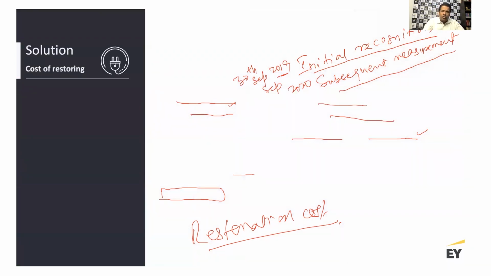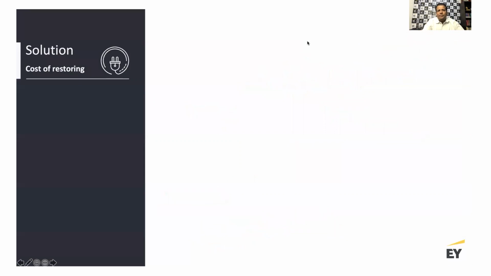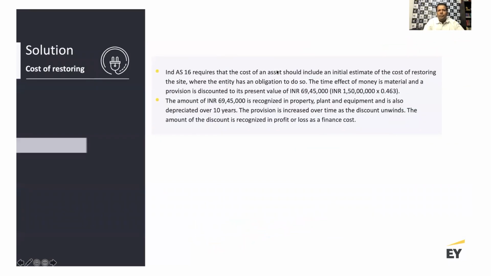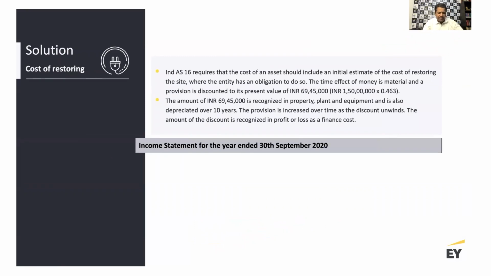We're going to go through this example, and focus here because it is important for you to understand how these elements of discounting operate. So I'm going to do the first accounting here.